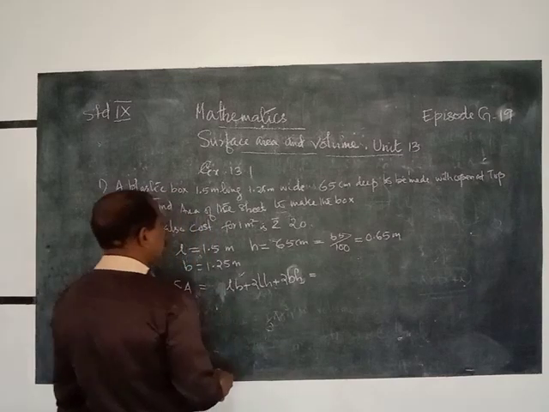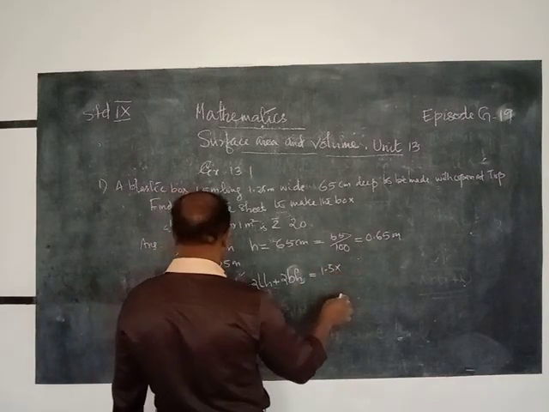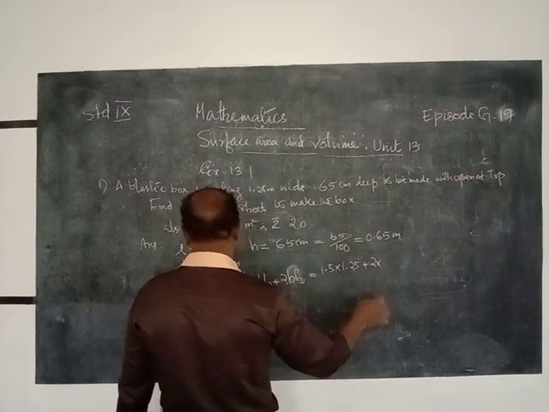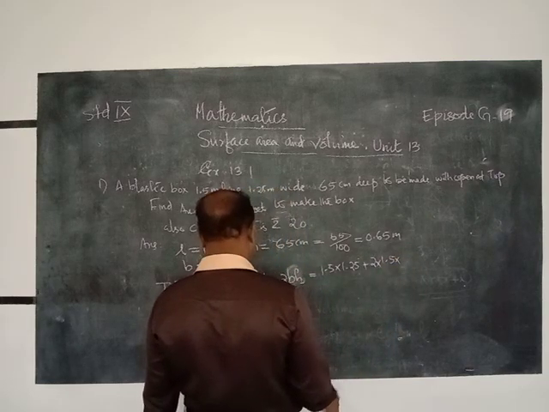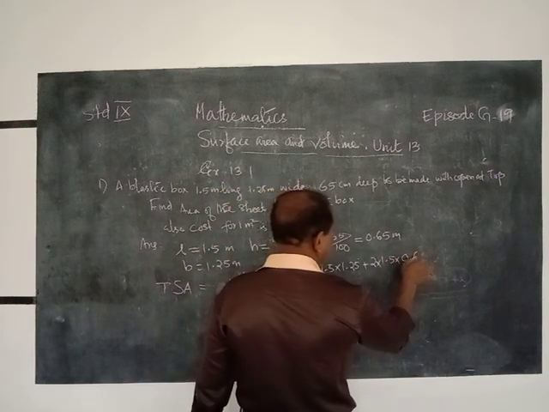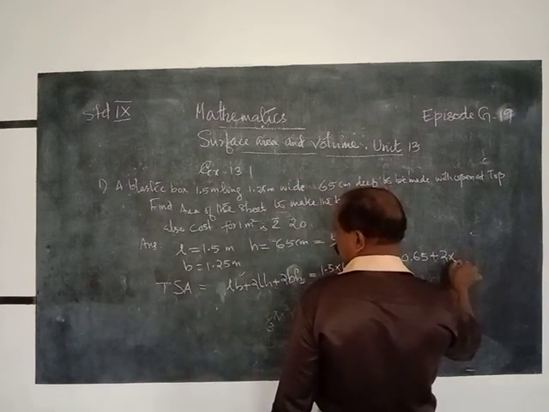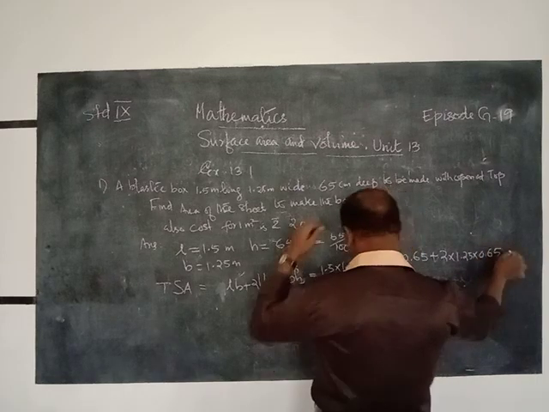So equal to l 1.5 into b 1.25 plus 2 into l 1.5 into h 0.65 plus 2 into b 1.25 into h 0.65.